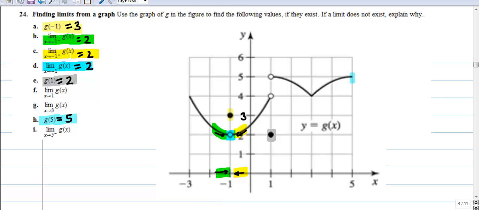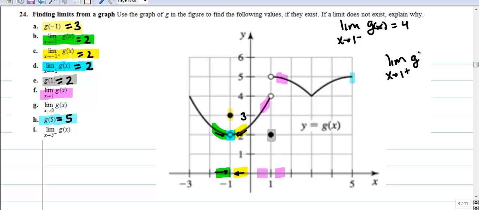Now, this limit, on the other hand, is x approaches 1. That would mean from this direction and this direction. That does not exist. There's a big gap. The limit as x approaches 1 from the left of my function is 4, and the limit as x approaches 1 from the right is 5.